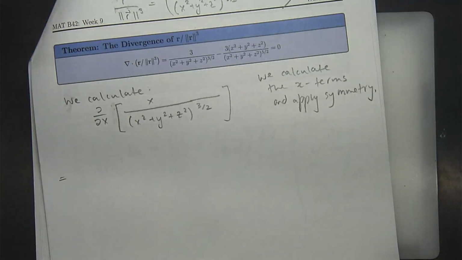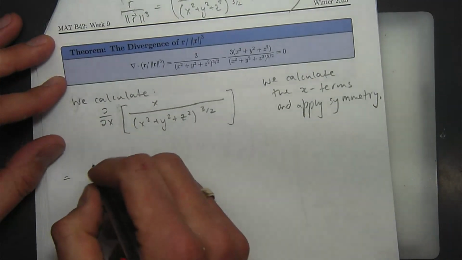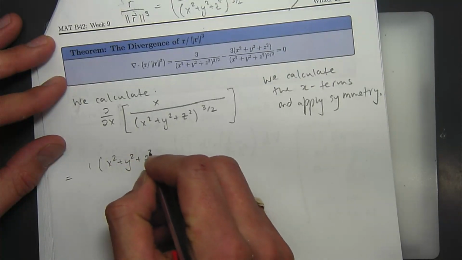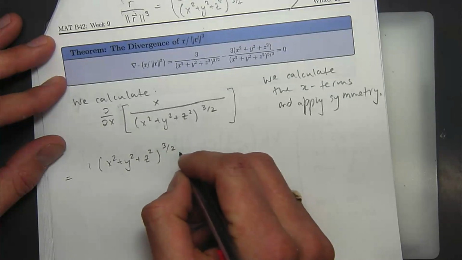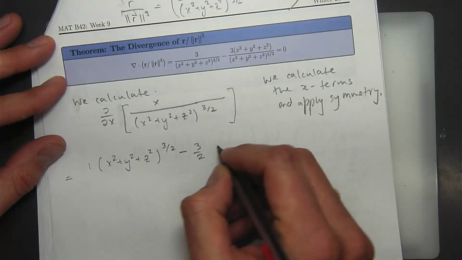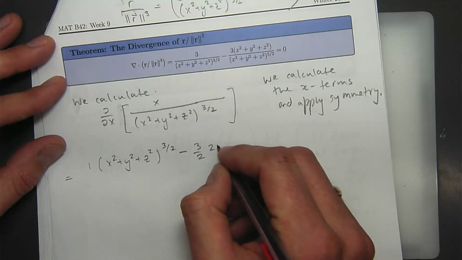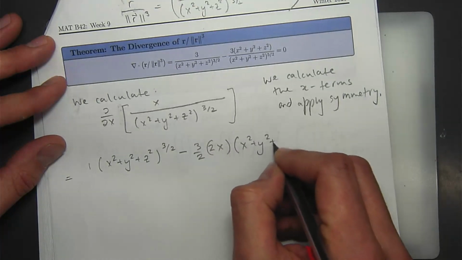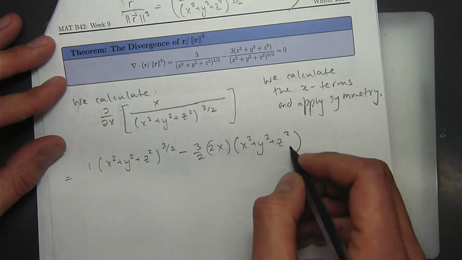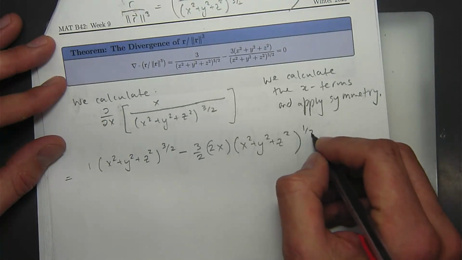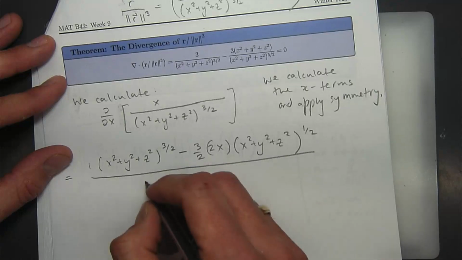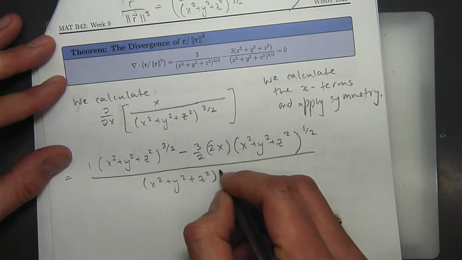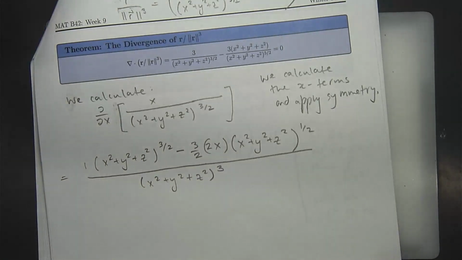Now this is just a normal partial derivative. So we get something like this.